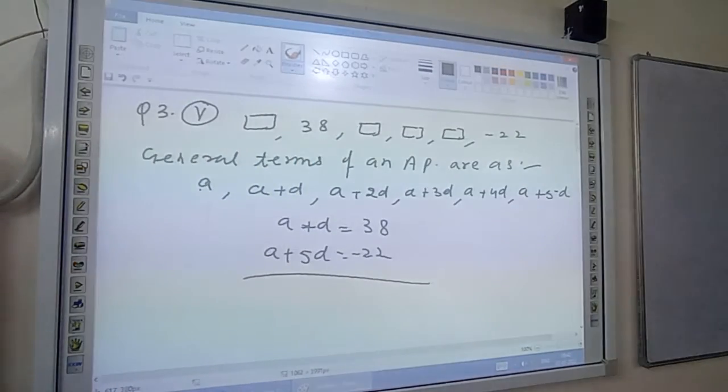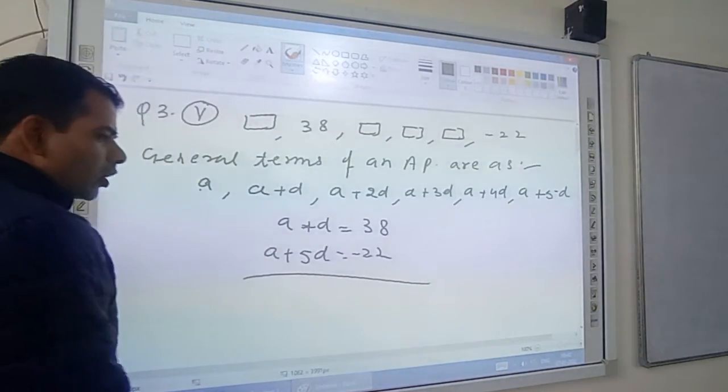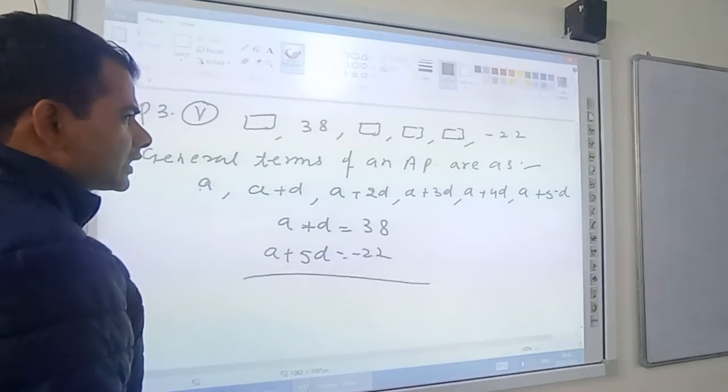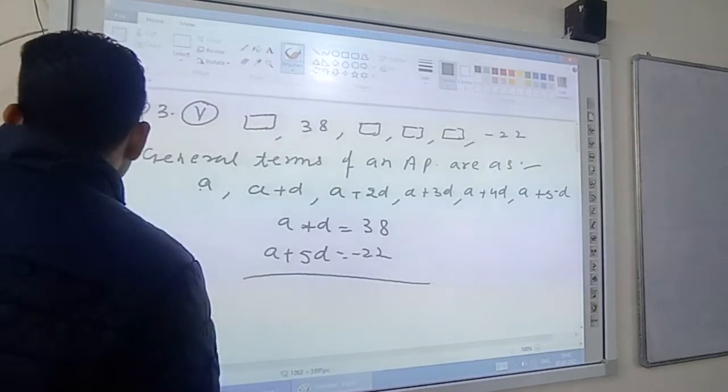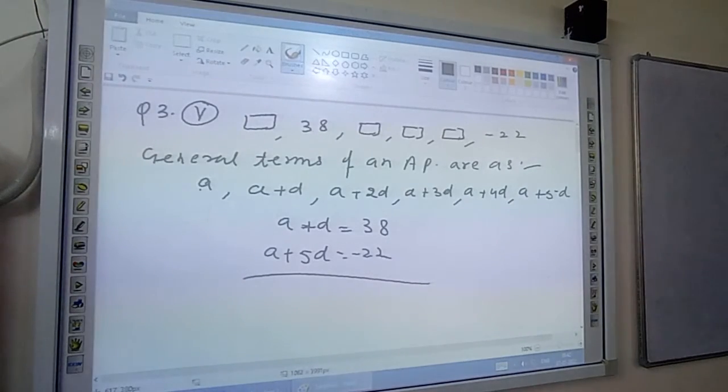Solve these pair of linear equations. In chapter number 3, a pair of linear equations, we have already discussed. How can we solve a pair of linear equations? By using the elimination method, substitution method, and cross multiplication.